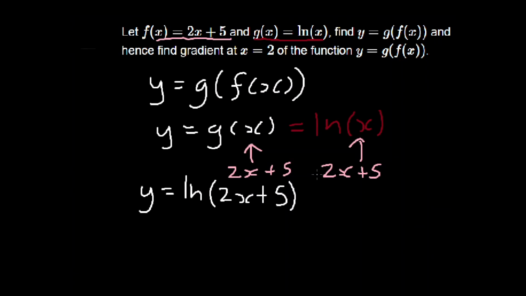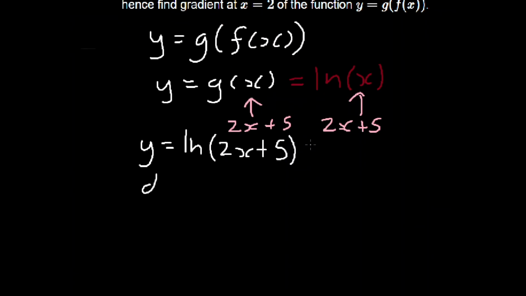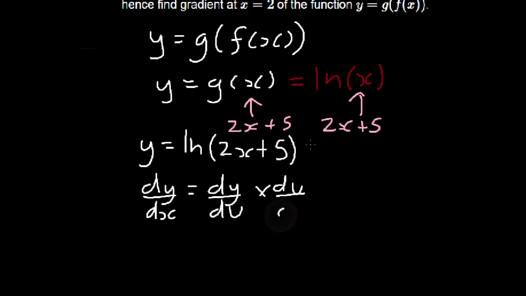The chain rule, you may have seen this kind of equation before: dy/dx is equal to dy/du times du/dx. In this case, it would be like we just differentiated this bit, that ln x, and that's this dy/du.